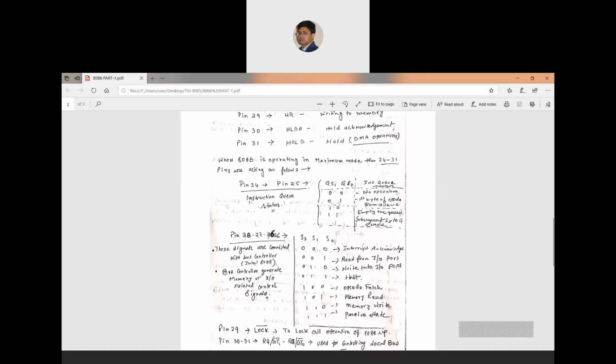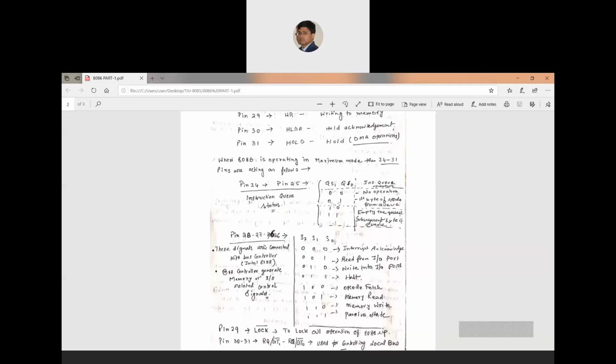So the point is, from the pin number 26, 27, 28, when microprocessor 8086 is working in maximum mode, it is used to connect with the bus controller, that is another processor, and from that processor, the bus controller will generate further signals.